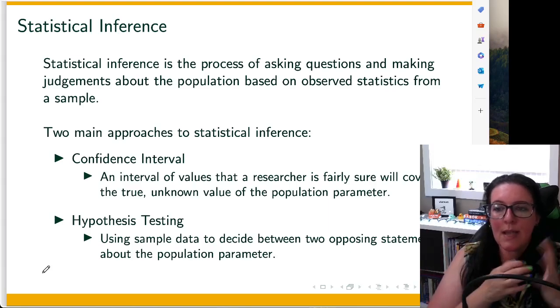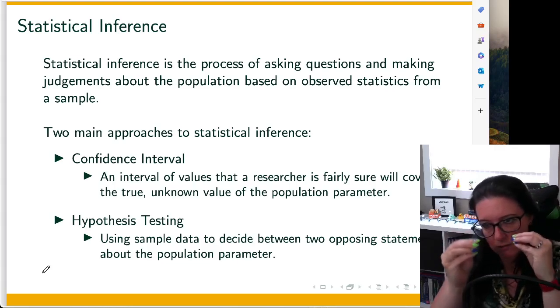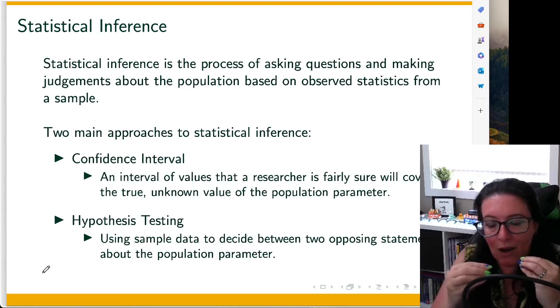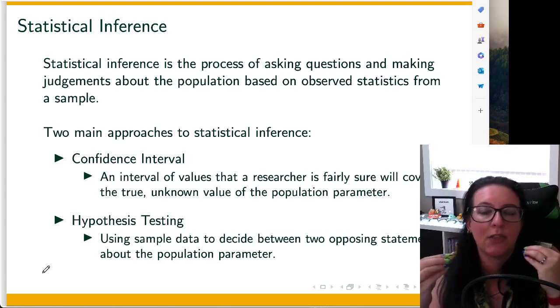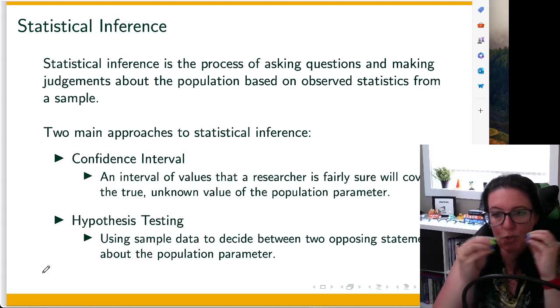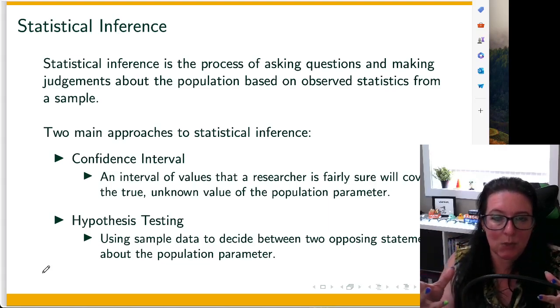Or is our sample statistic giving us two average ages for our two groups that is close together, that it could just be sampling error, they're not a big enough difference, and so we fail to reject the null hypothesis, and it's quite possible those two groups do have the same average age. So that's how a hypothesis test works.